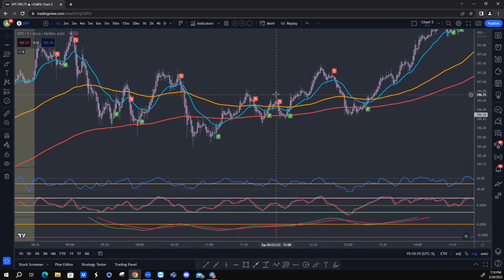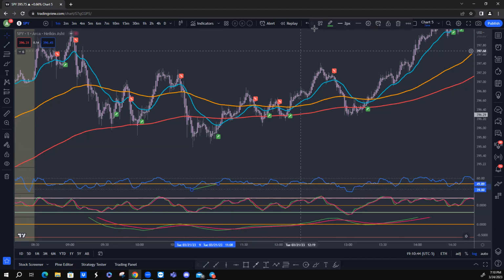But in terms of finding divergences on these, I'm using this almost like a divider between the top half of the price action and the lower half of price action, so right here, for instance, this is across the red line, it's down below it now, and this is giving me a bullish divergence down here. So I can see it right here.